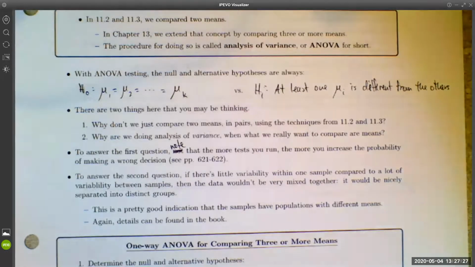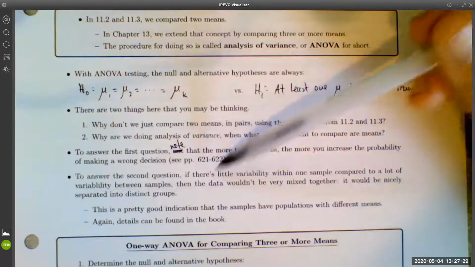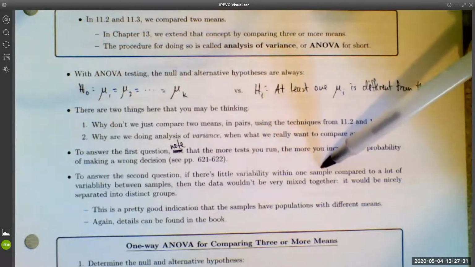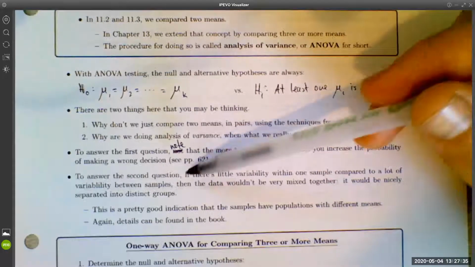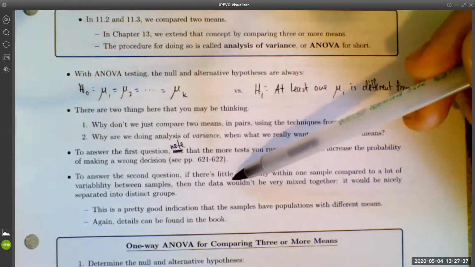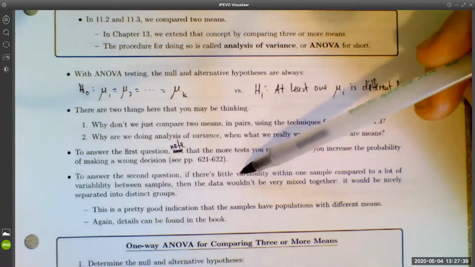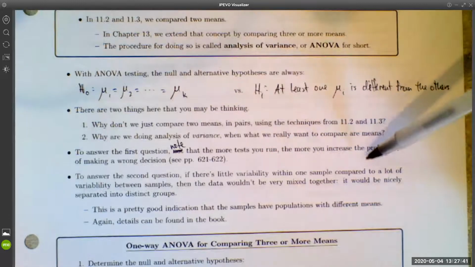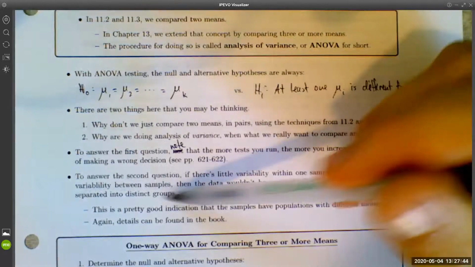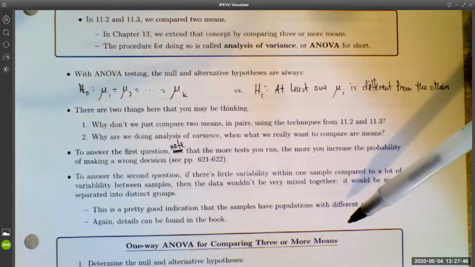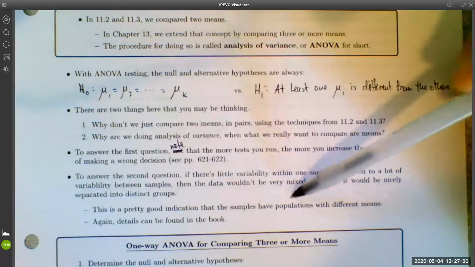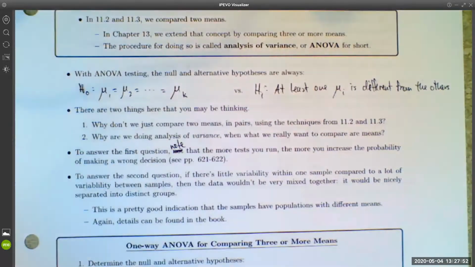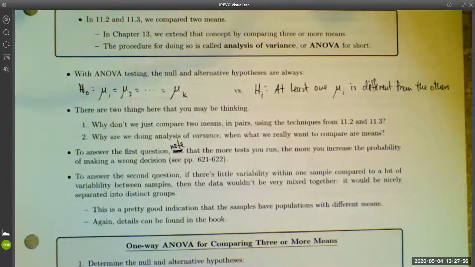And the idea is this: if there's little variability within one sample compared to a lot of variability between samples, then that would insinuate that the data is not very mixed up, and so the data would be nicely separated into distinct groups. And then that gives you a pretty good indication that the samples have different means, because all the data is nicely separated out into groups instead of the data being all mixed in together.